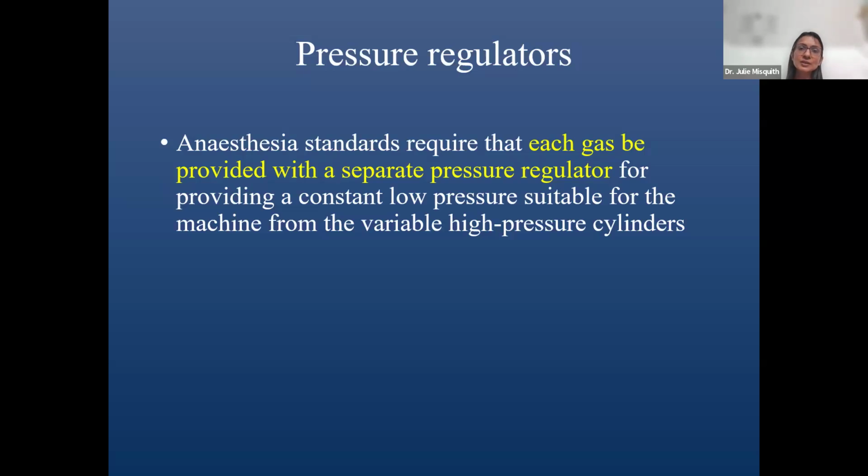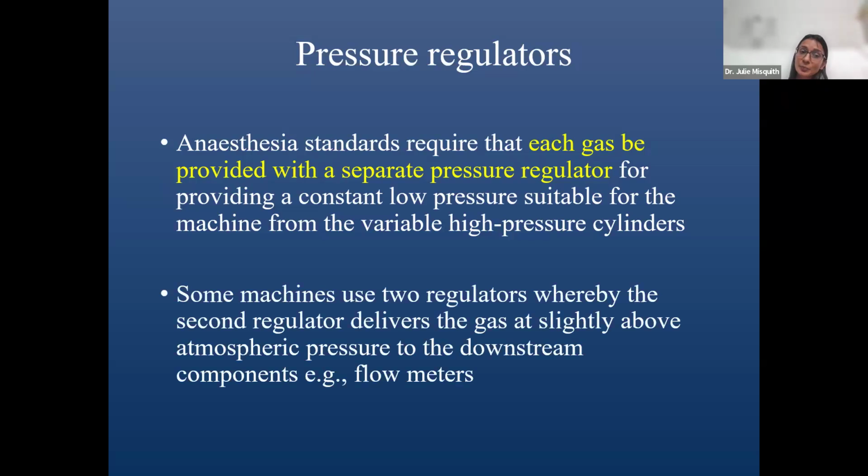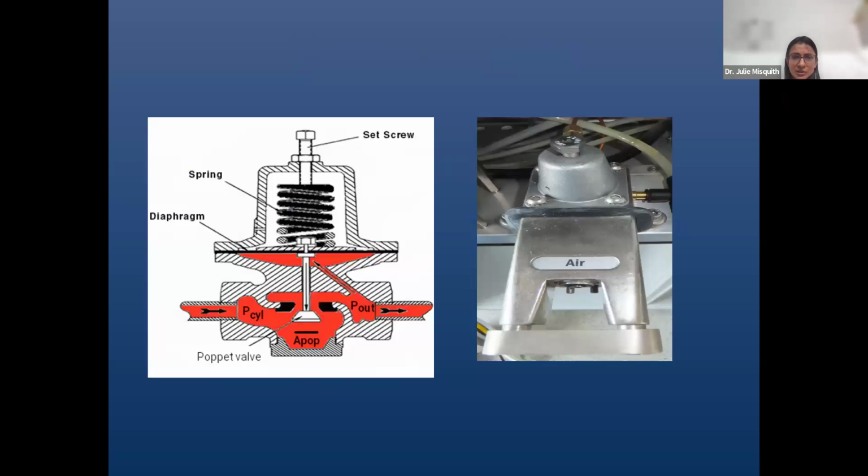Some manufacturers adjust the output from the cylinder regulators to be lower than that of the pipeline pressure, so that the pipeline pressure takes preference even if the cylinder contents have been left open inadvertently. Some machines have two pressure regulators, some downstream of the flow meter. So this is how pressure regulators can be.